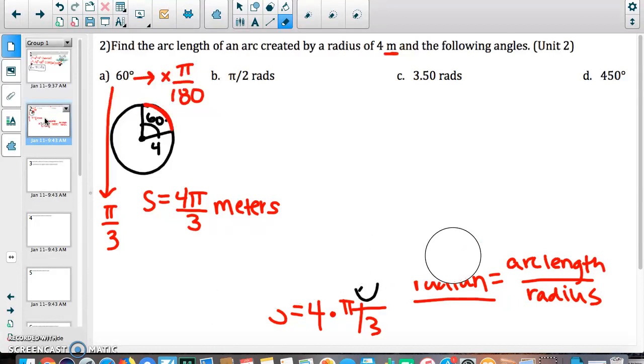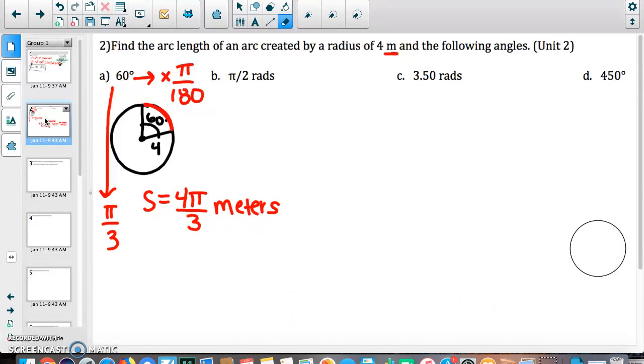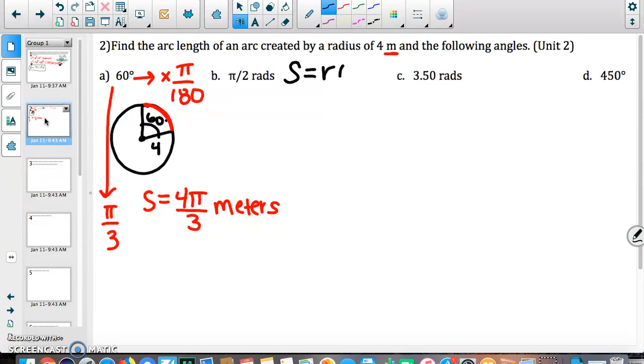I'm going to erase some of this to give us some room. And we can work on part B here. So again, my equation is S equals R times theta. I know that my radius is 4, and my angle's already in radians, so I can just multiply it by pi over 2, and simplifying that, I should get 2 pi meters.